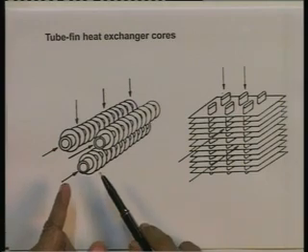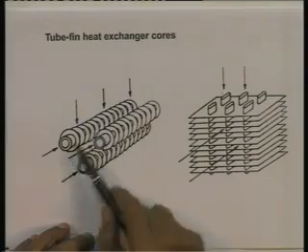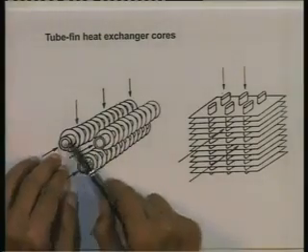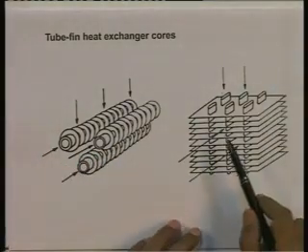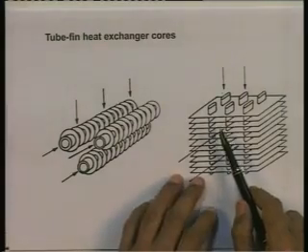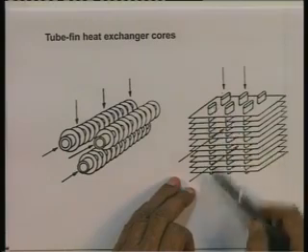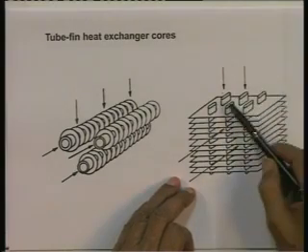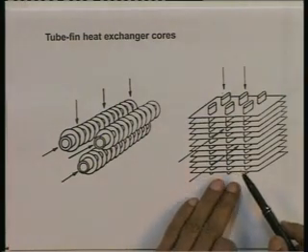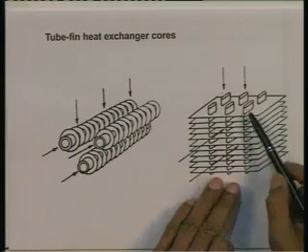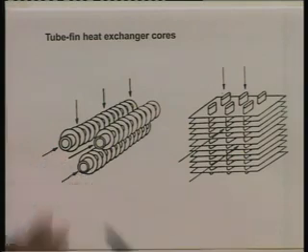Now, the fins can be on individual tubes, as you are seeing here. These are round fins on each tube, and they will be closely stacked together. Or you have a continuous fin sheet like you are seeing here, and the bundle of tubes is like this, through which the liquid is flowing. So, this is also possible, in which case you have continuous fin sheets fixed on the array of tubes, or here individual fins on each tube making up the tube array.